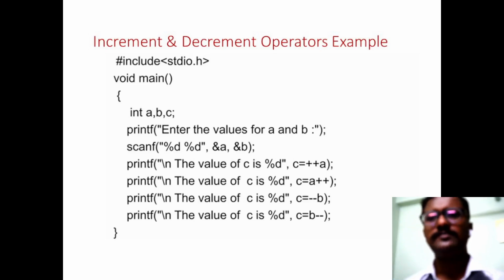A, b, c. A and B will store the input values, and C will store the result of the increment and decrement operations. These three integers, when declared, will store the user input A and B, and C will store the result of the increment and decrement operations.